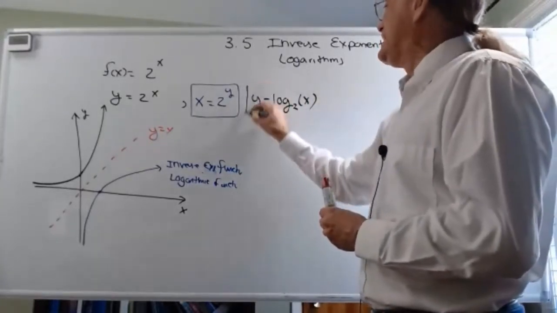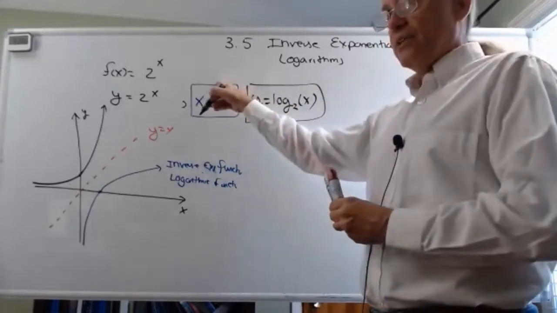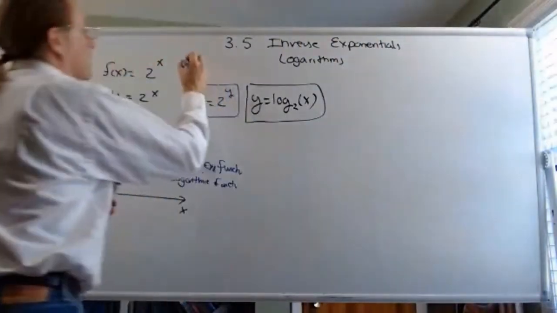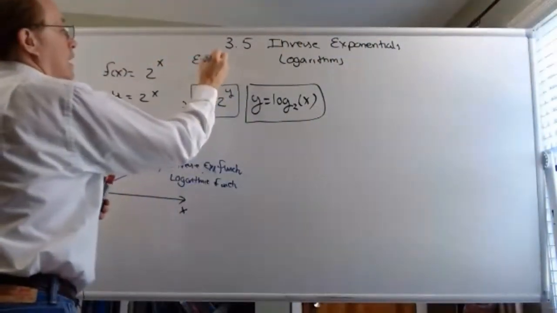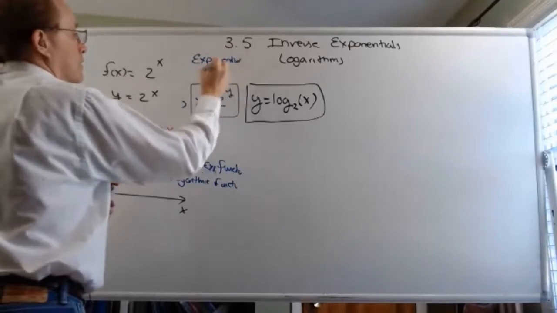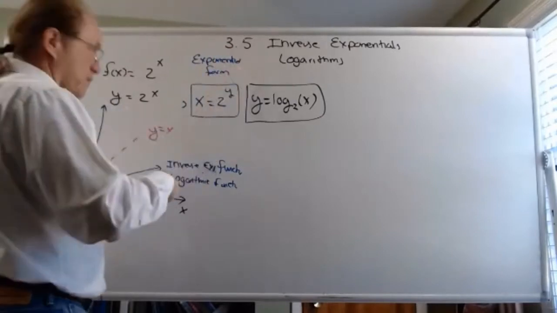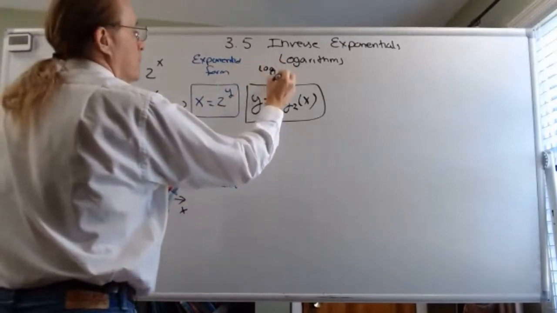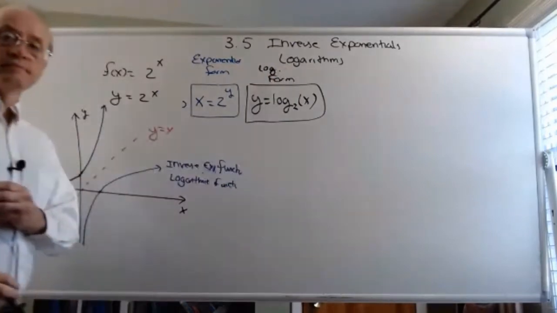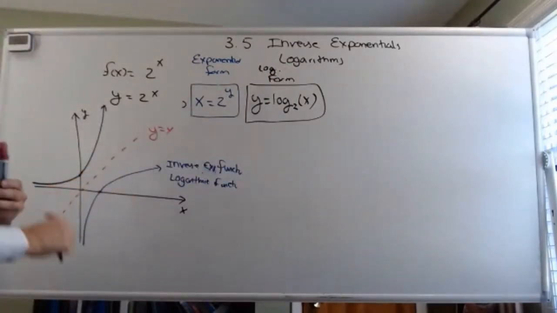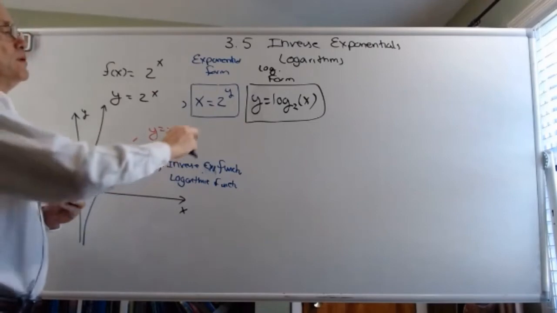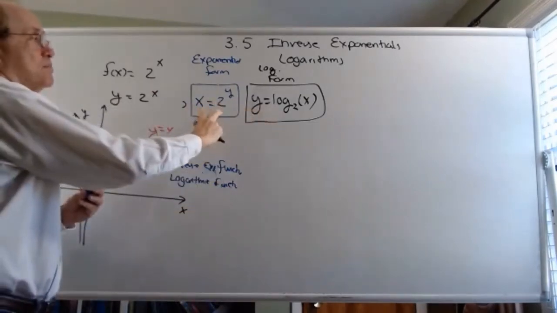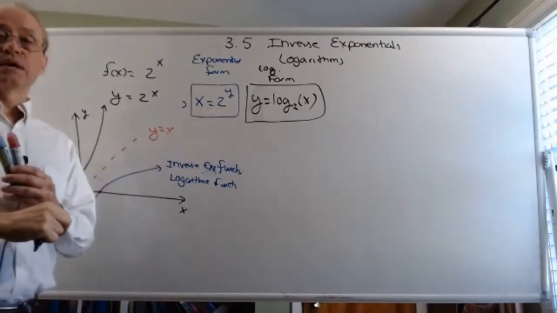So these mean the same thing. This is the exponential form. And this is nothing more than the logarithmic form, or log form. They mean the same thing. But very often, when we're talking about logs, we will switch back to the exponential form to understand things a little bit better.